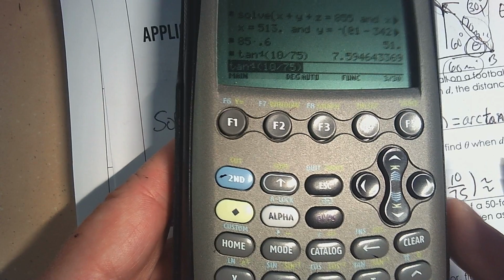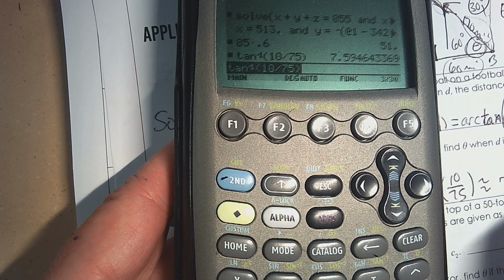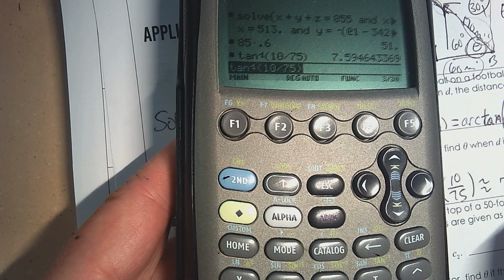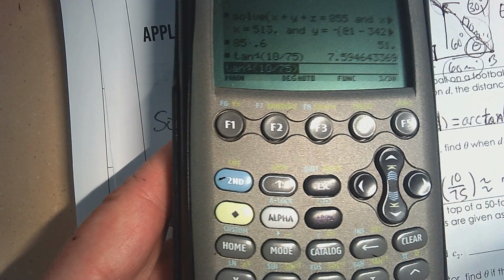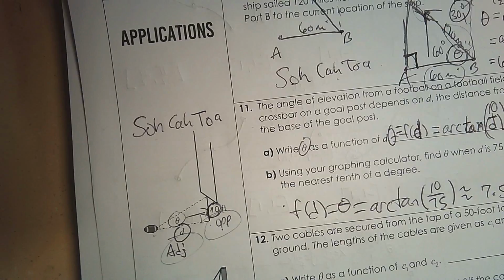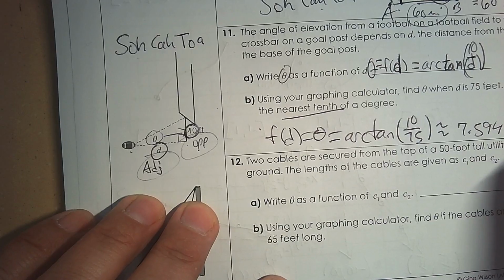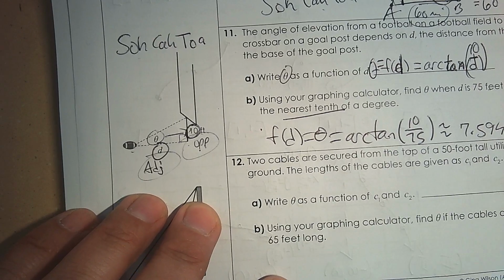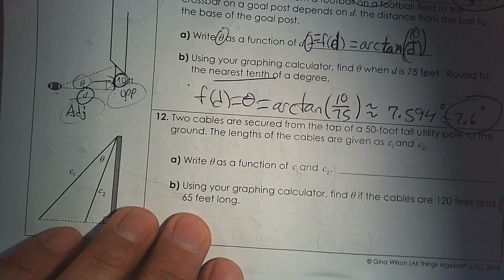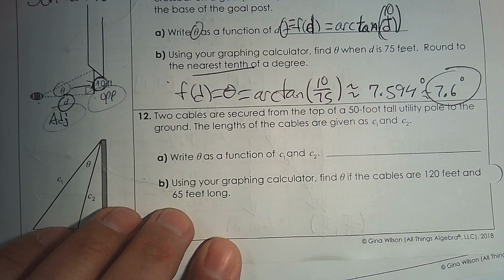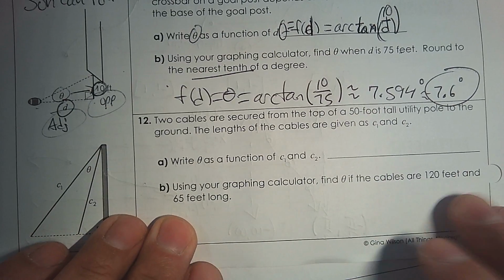And this answer is in degrees. And it says to the nearest tenth of a degree. So with one number after the decimal, the answer would be 7.6.